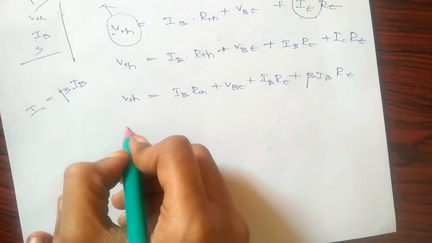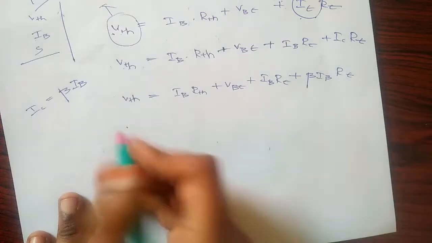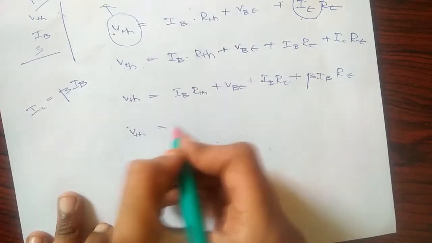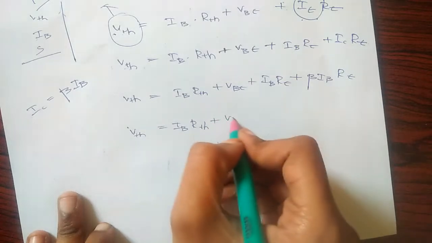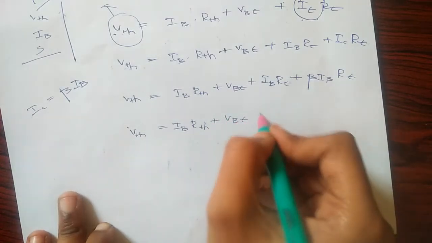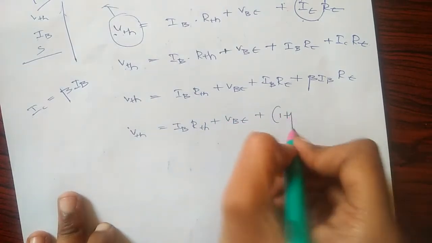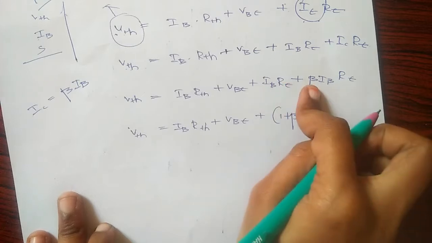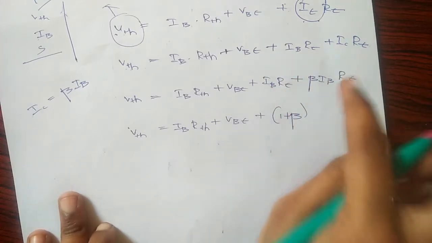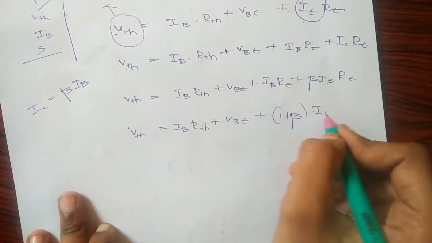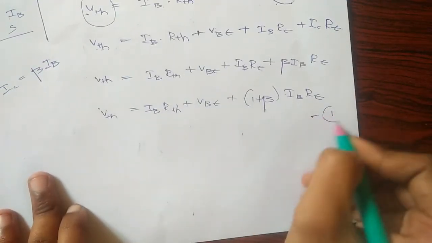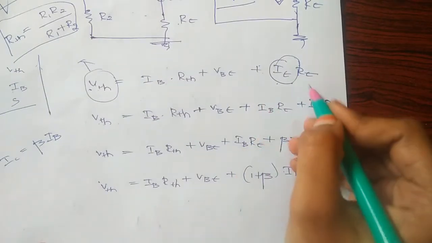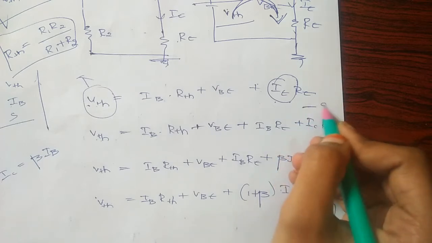So you can take IB RE common: VTH is equal to IB RTH plus VBE plus (1 plus beta) IB RE. Let it be equation number 1, equation A.